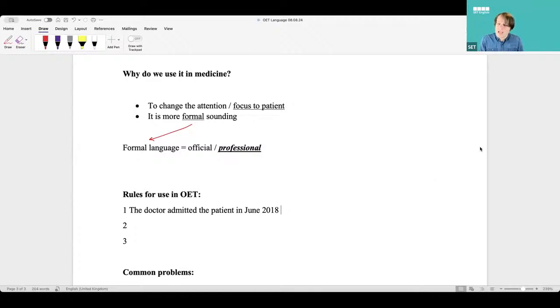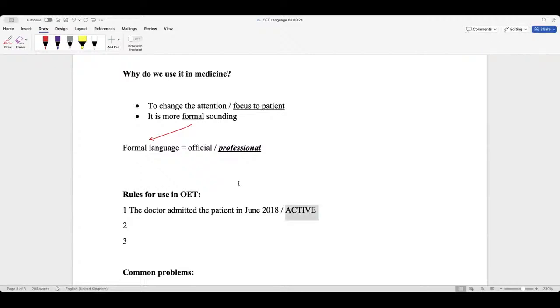This is not passive. There is no passive. Well, is it passive or not? No, it's active.